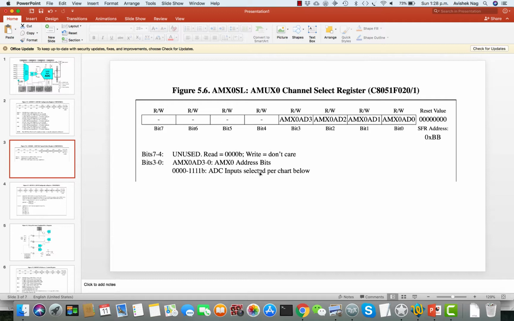So this is AMX0SL, and you see here that bits 7 to 4 are unused, and bits 3 to 0 are the address bits.